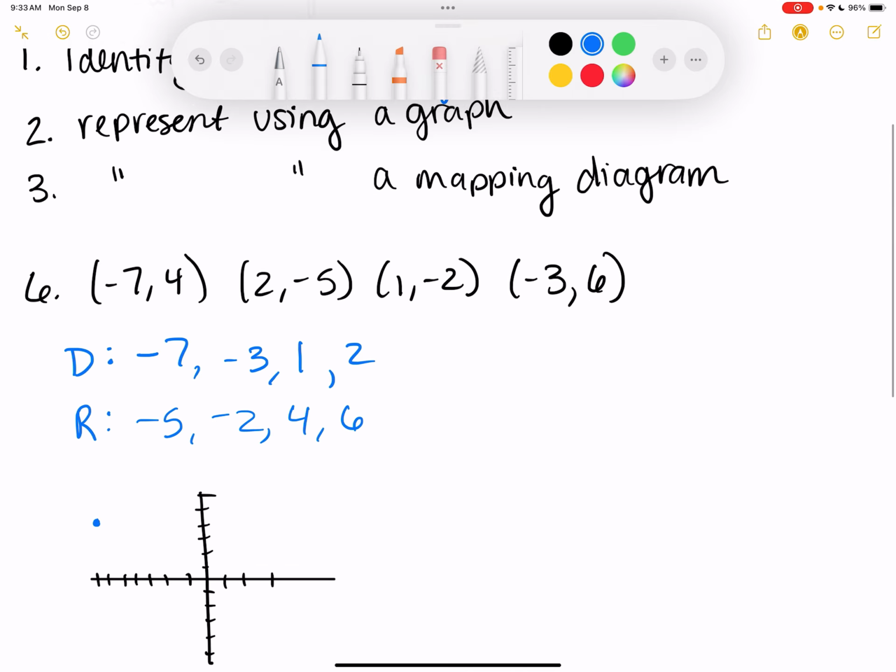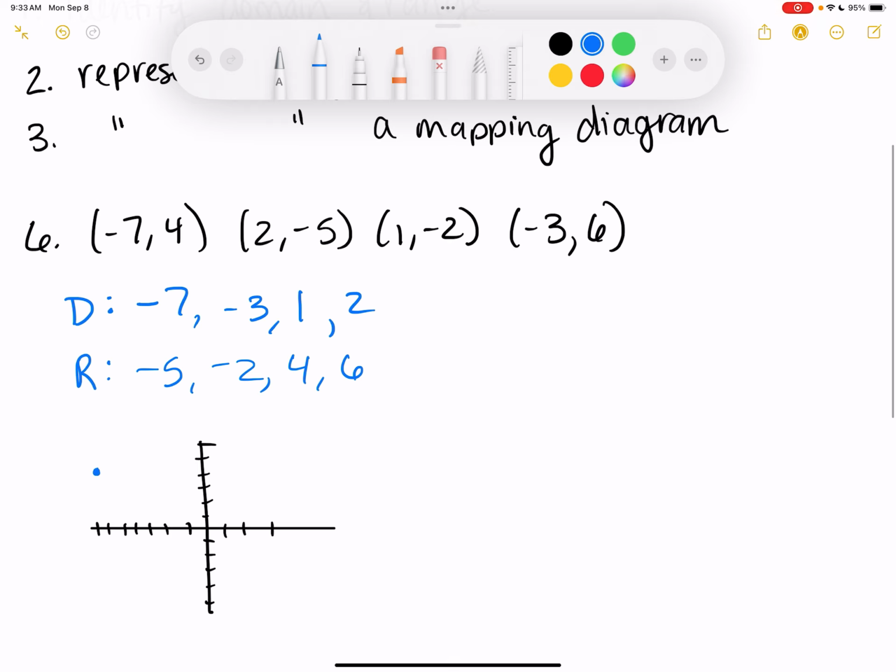All right, then 2, -5. Then 1, -2. And then -3, 6. If you want to use graph paper, you're obviously welcome to, but you really don't need it. We're just plotting points, giving a rough visual of what it looks like.